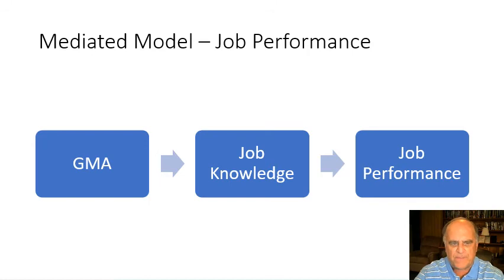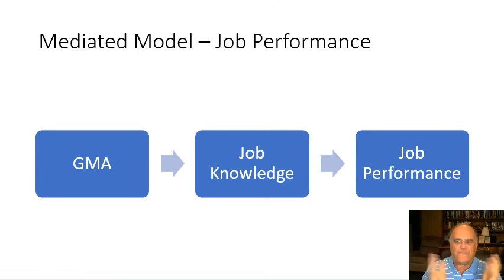What's in the black box between general mental ability and job performance that helps to explain why general mental ability predicts job performance? What does general mental ability cause that then causes job performance? One answer that's been hypothesized, and there's some research that supports this answer, is that it's job knowledge.